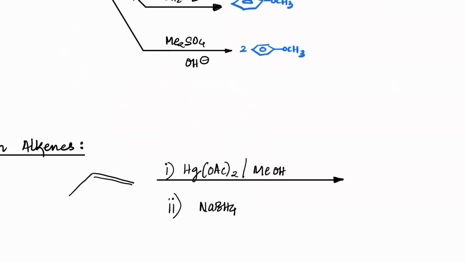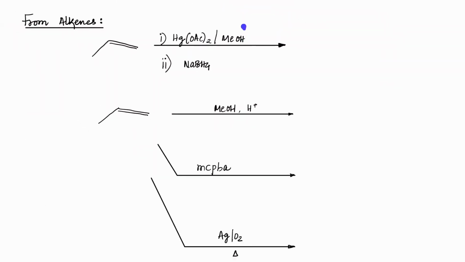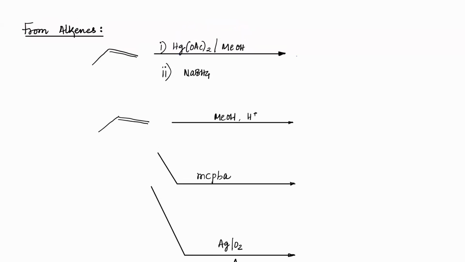Next is from alkenes. Alkenes, this is oxymercuration, demercuration. In oxymercuration, demercuration, first we'll get a mercurinium bridge like this, and it is the methanol which acts like a nucleophile and attacks on the more substituted side, which is later carried out by NaBH4 to make a substitution.